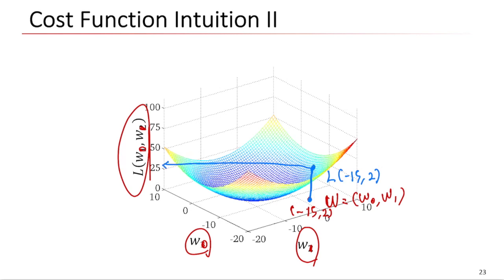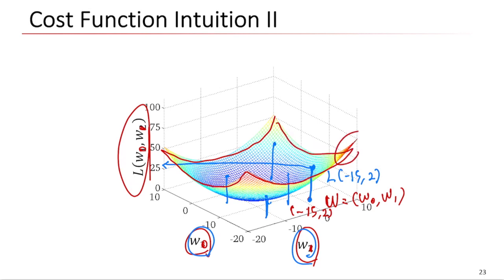So this is just one example. Then with a number of possible combinations of W0 and W1, we can pick points here, and finally draw a surface like this. The reddish color means a higher value than the blue colors. So this is the three-dimensional representation of the cost function.